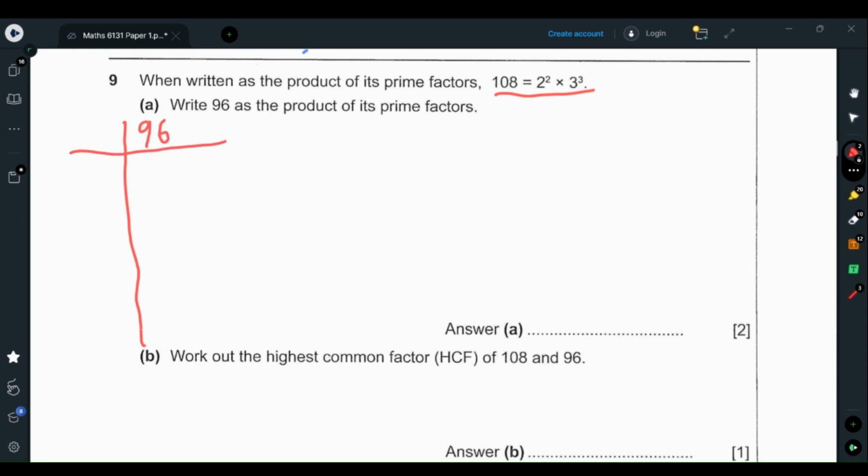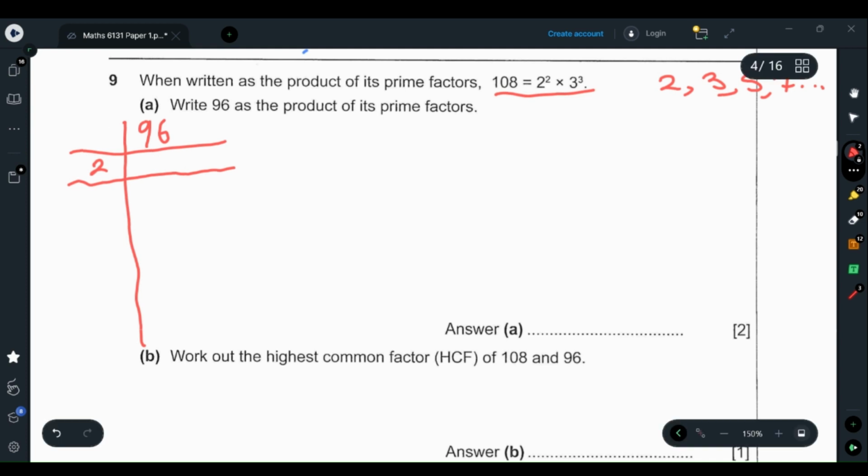So what are prime numbers? Prime numbers are 2, 3, 5, 7, and the list goes on.